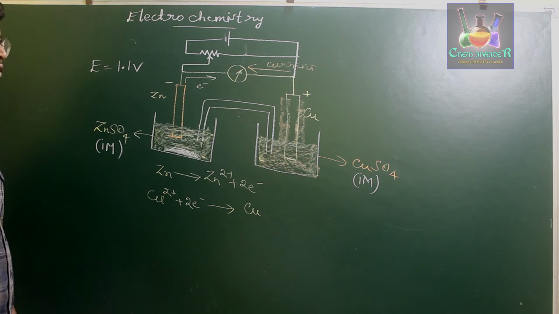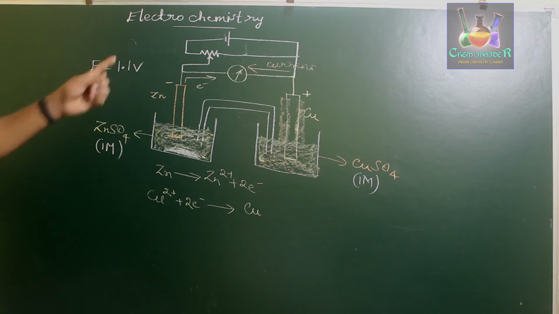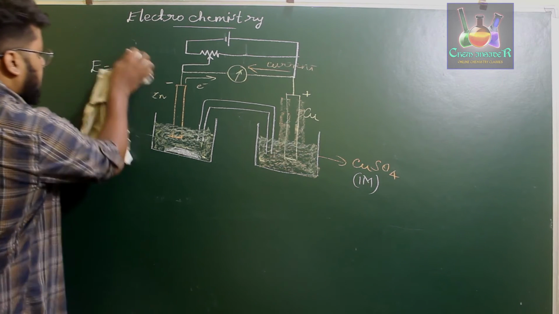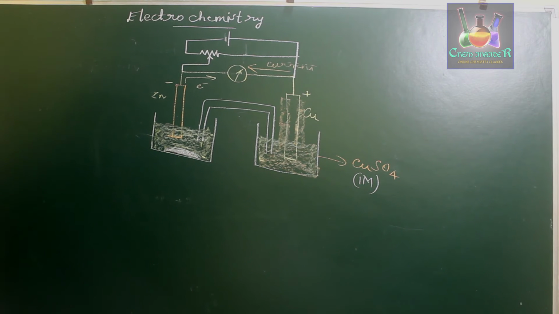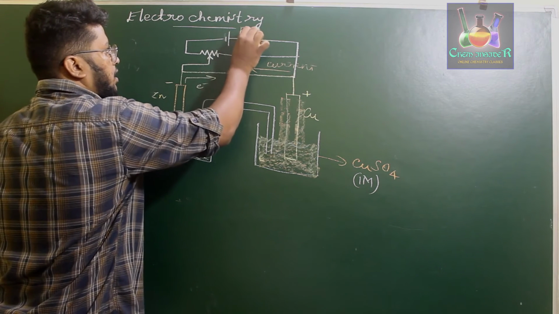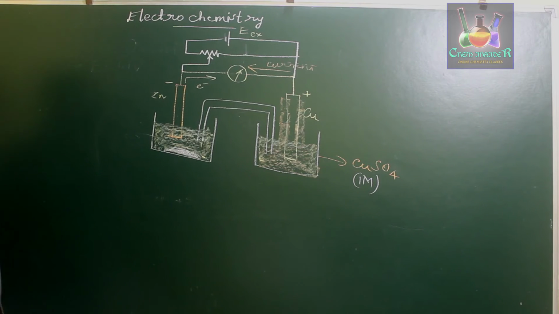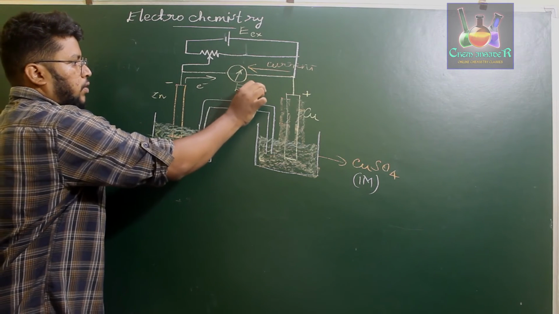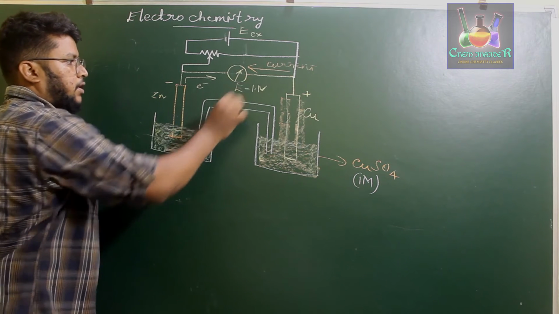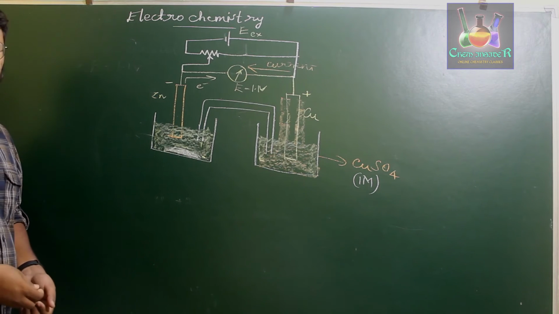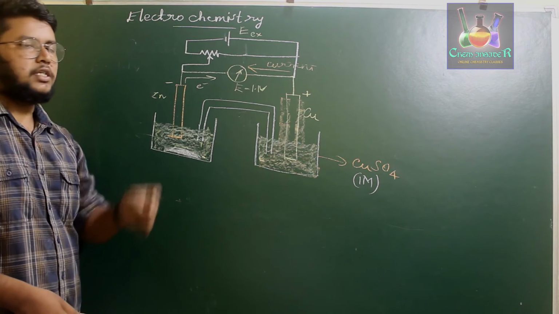So now we come across three conditions. Once you consider this construction, the electrode potential generated by the copper and zinc electrodes, E, is 1.1 volts, and the external potential applied is considered as Eex.